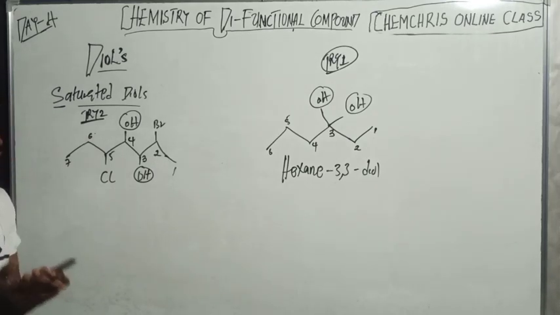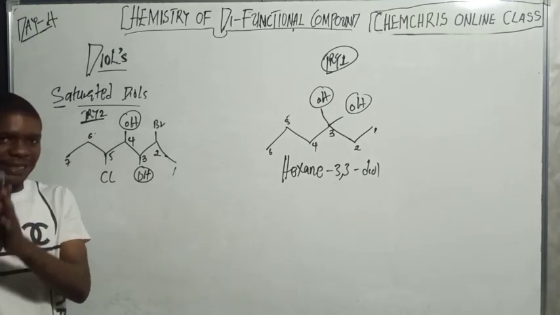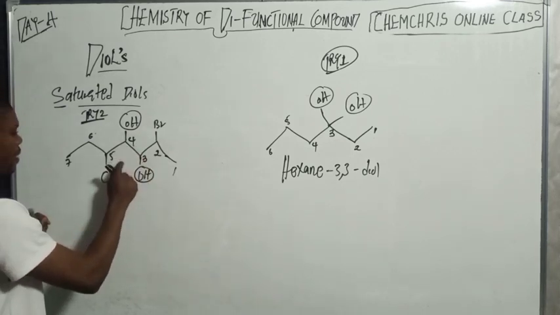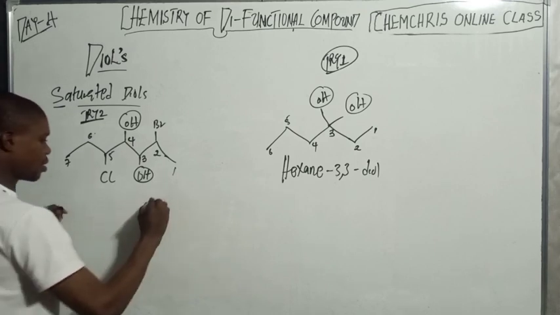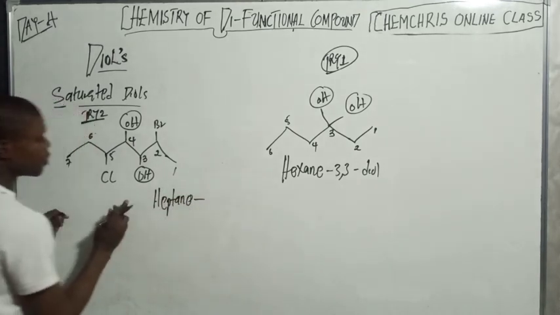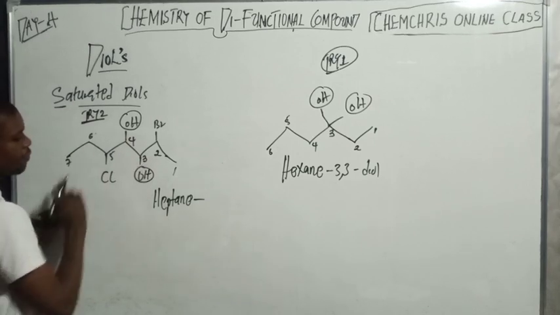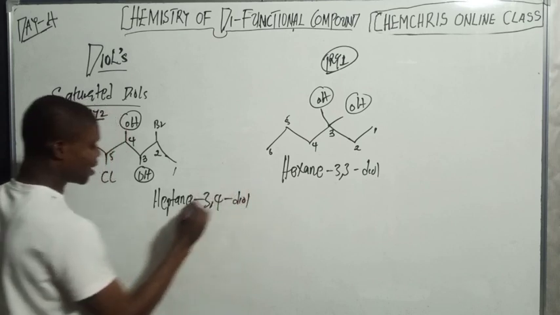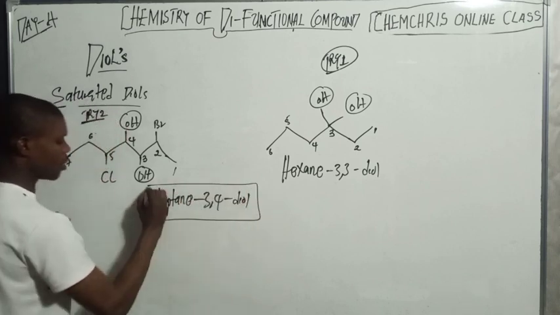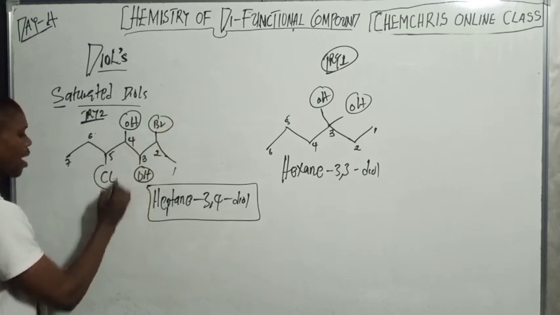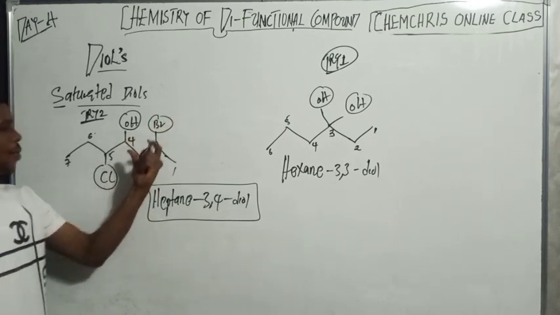So therefore, let's take the parent name. 1, 2, 3, 4, 5, 6, 7. So it's going to be heptane. Now position 3 and position 4, so it's going to be 3,4-diol. So this is the parent name. But here we have a bromo and chloro, so here we have substituents.